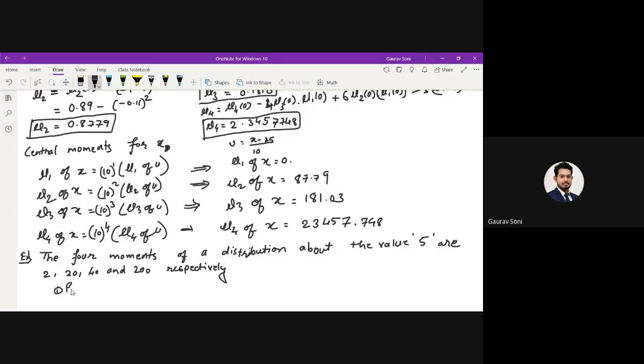Find first four central moments. And second, find mean and standard deviation. So you can try this.